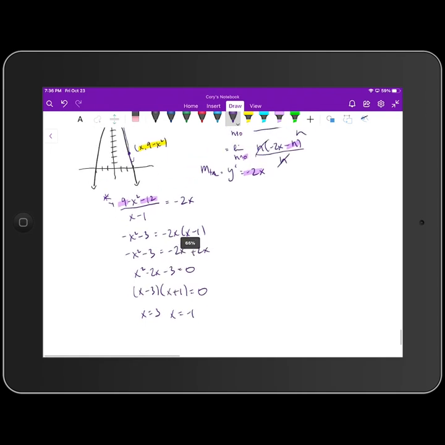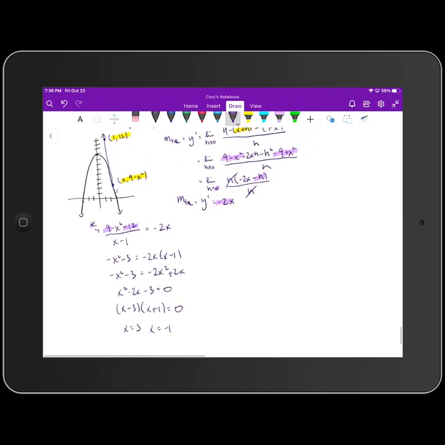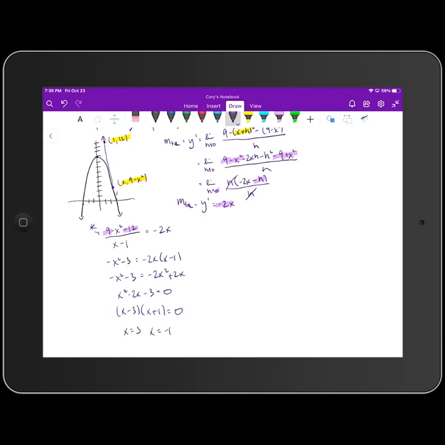And if we look at our graph, those potentially make sense. If we have x is equal to negative 1, the point of tangency looks like it will pass through that point, and the point of tangency at 3 looks like it passes through that point as well. Okay, so we're almost done.